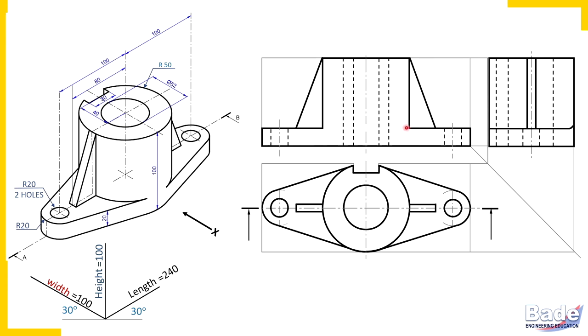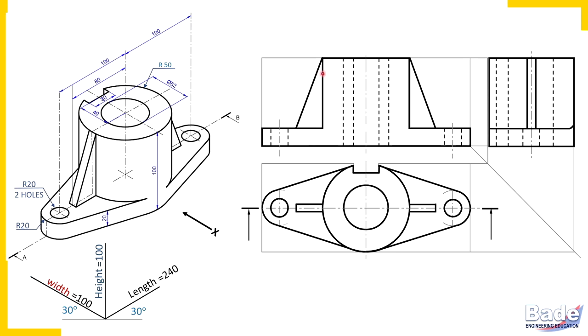So remember, the boundary between two portions is to be erased. It will not appear in the sectional view. Now, triangular plate and cylinder. Is this line the boundary between the cylinder and the triangular plate? Yes.